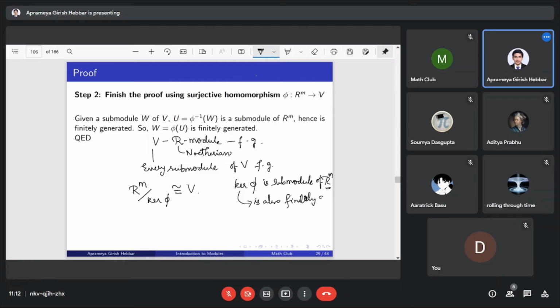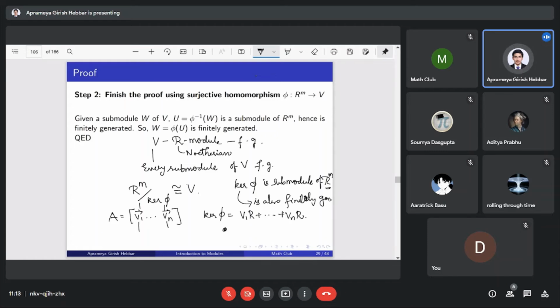So that means that the kernel of phi is, let's say, v1R plus v2R up to vnR. Good. Now let's construct a matrix A, which has v1 up to vn as its columns.